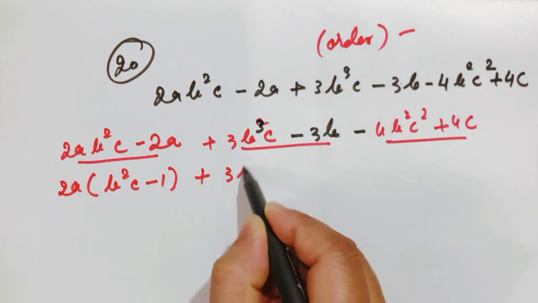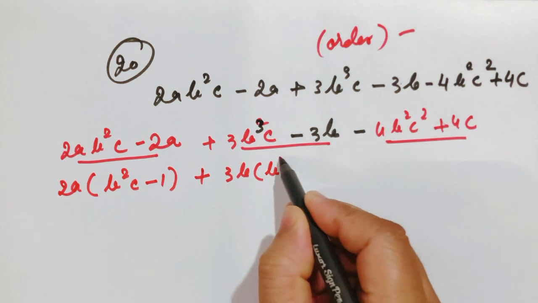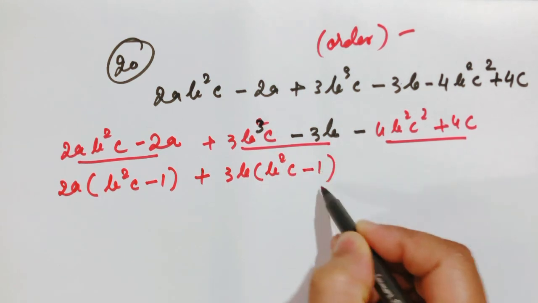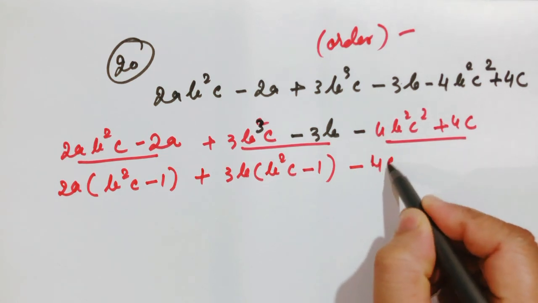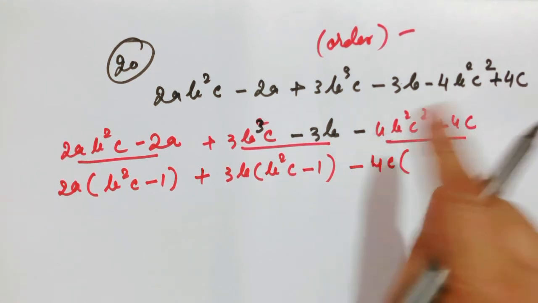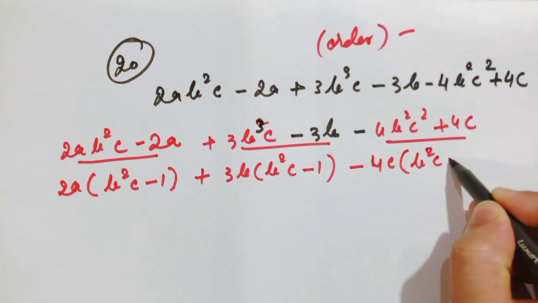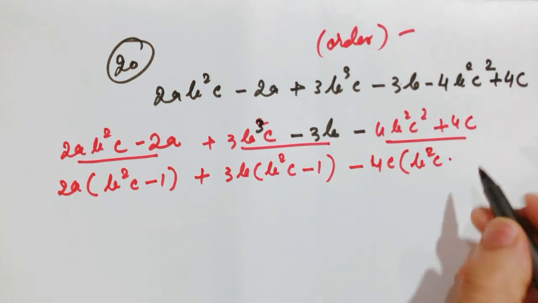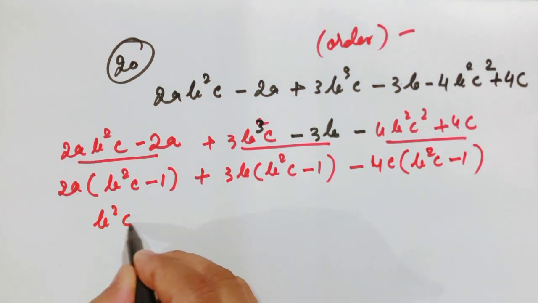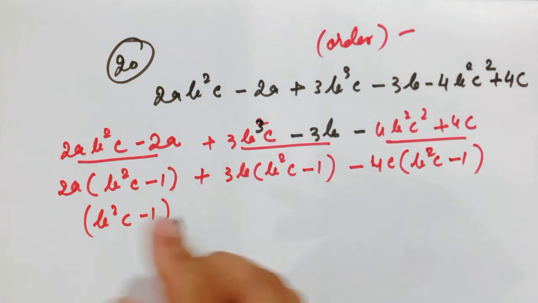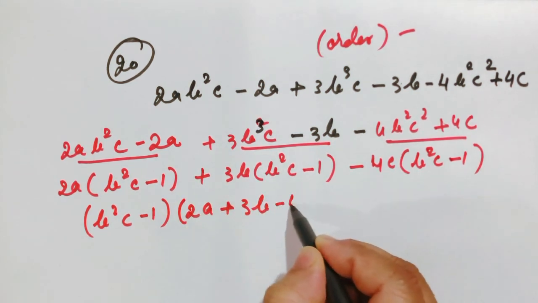Similarly over here, when you take 3b as common, you will be getting b square c minus 1, and minus 4c. See, minus 4c when you take common in both of them, you will be getting b square c minus 1. You have taken the minus sign common, so change the sign inside, minus 1. So b square c minus 1, when taken as common, you will get 2a plus 3b minus 4c.